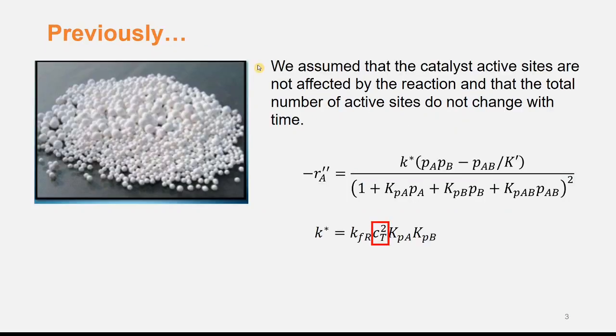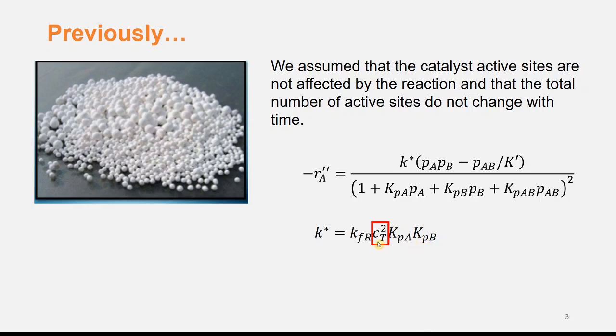In topic 2, we assumed that the total number of active sites remained fixed. For the Langmuir-Hinshelwood mechanism, we derived the following expression, where K star is the product of the forward rate of surface reaction, KFR, the square of the concentration of sites, CT, and the adsorption equilibrium constants, KPA and KPB.